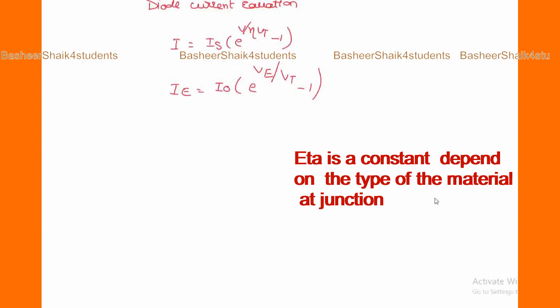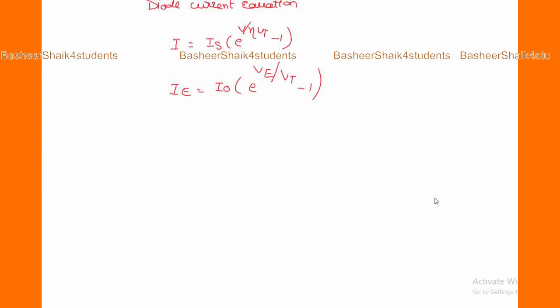Here if you observe, the exponential quantity is much more than the 1, as the exponential is an increasing function, so we can represent this as IE equal to I naught e power of VE by Vt.